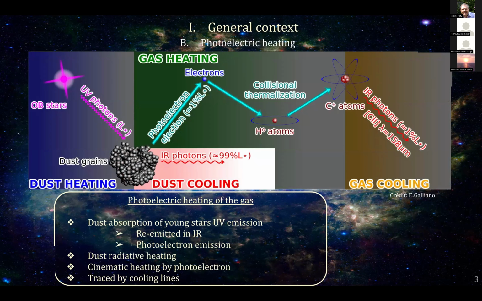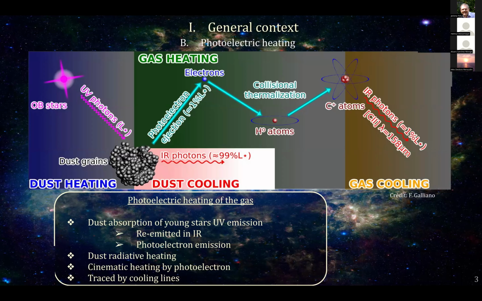And this electron is going to collide with the gas around and kinetically heat it. We cannot access this heating directly, but we can access the cooling of the gas. And in the neutral atomic gas, it will be the C+ line at 158 microns.